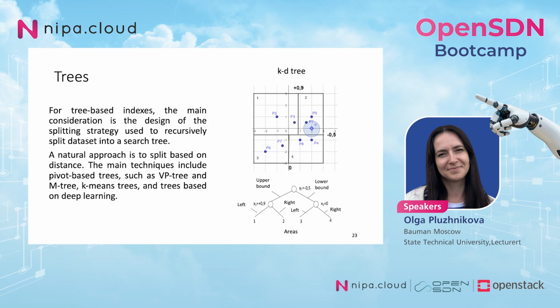In the picture is shown a KD tree. This is a popular tree. The point space is divided into regions. Planes perpendicular to the coordinate axis are drawn so that there are approximately 50% of points in each area.